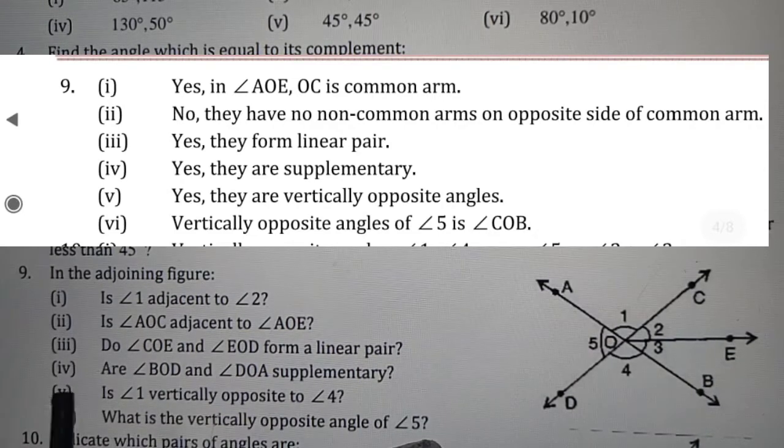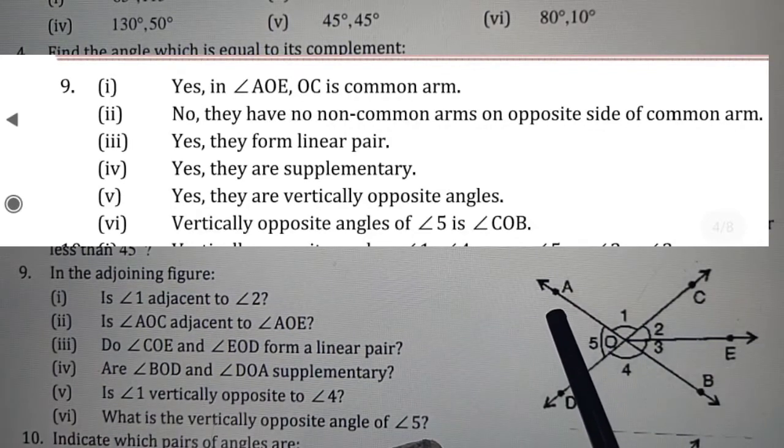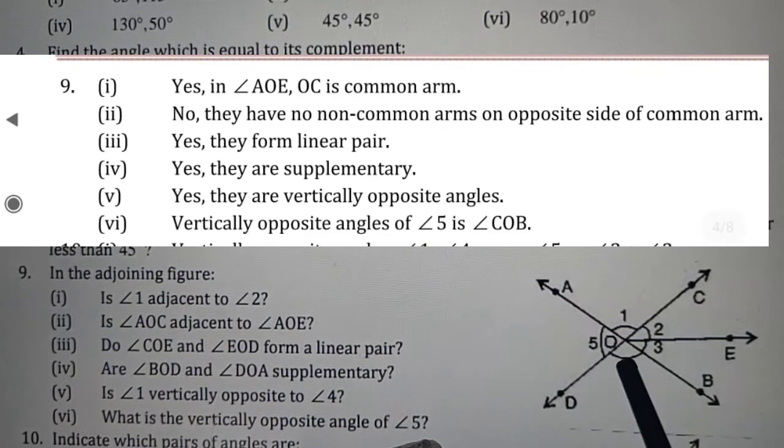Next question: is angle AOC adjacent to angle AOE? Understand the angles: angle A, O and C is angle 1. Next is AOE, that is angle A, O and E. So angle AOE is the total sum of angles 1 and 2.